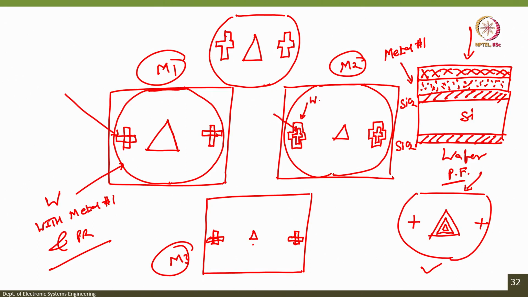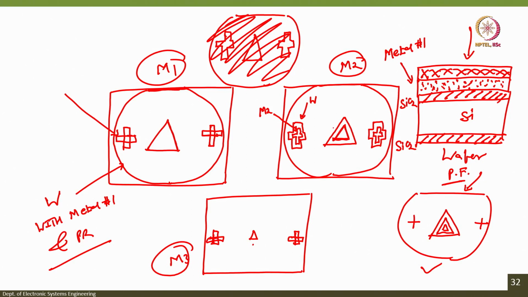These should align well, and only then the second triangle, the image from the mask, will be placed correctly, because the wafer also has a triangle here, correct, and the wafer does not only have a triangle, but there is a metal on the triangle. So, make sure that the alignment mark of mask 2 is smaller than that of mask 1, so that the second triangle design fits exactly in the center of triangle 1.